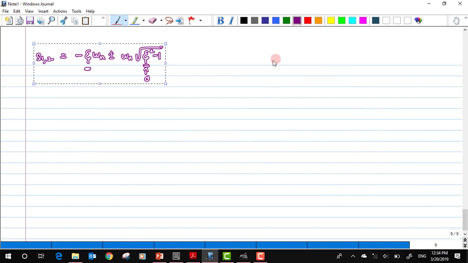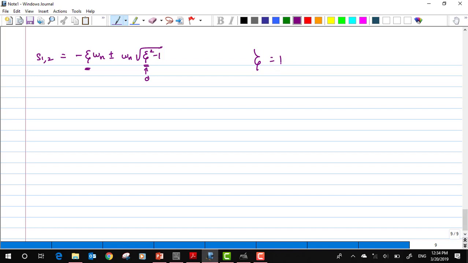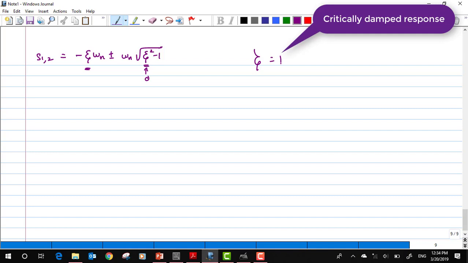So now what happens the moment I have a zeta that is equal to 1? We will have a critically damped position, and what happens to this term when zeta becomes 1? 1 minus 1 turns out to be 0, so this entire term goes to 0, and what we have is only a real part, and this real part has 2 poles sitting one over the other.